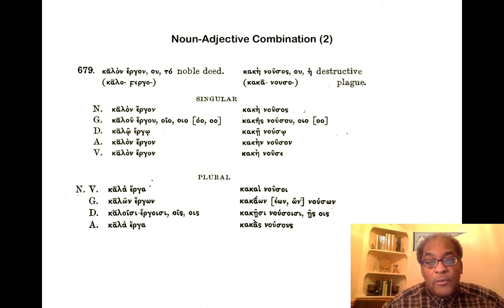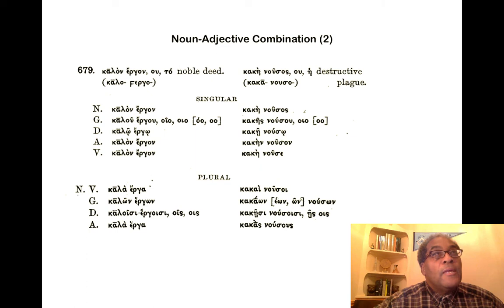They don't echo each other like the previous examples, but you get kake nesos, kakes nesou, kake nesoi, kaken neson, kake nese, kakai nesoi, kakon nesōn, kakesi nesoisi, kakas nesous.